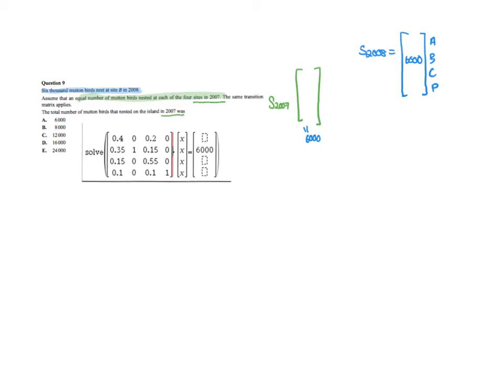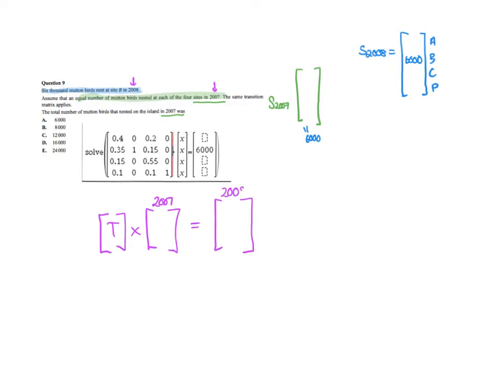So really what we have here is we're linking 2008 and 2007. So if you thought about how do I find 2008, I would do the transition times 2007's state, and then this would give me 2008.